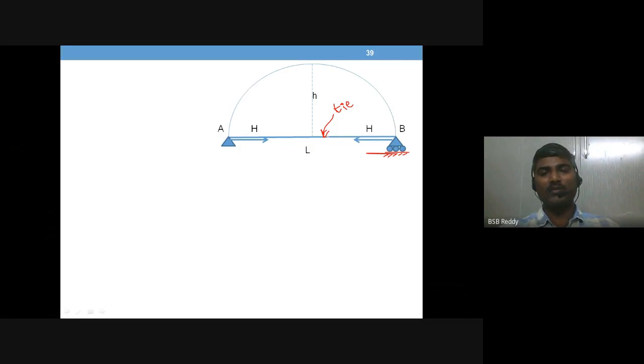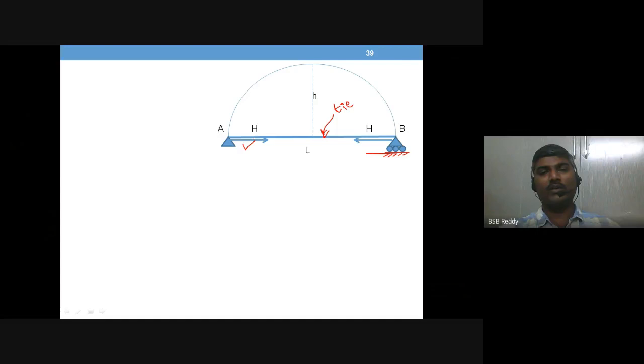The tie comes into action when the supports try to move away; the tie will try to hold them, the pulling effect. That is shown by the arrows here, what the tie is doing to the support.